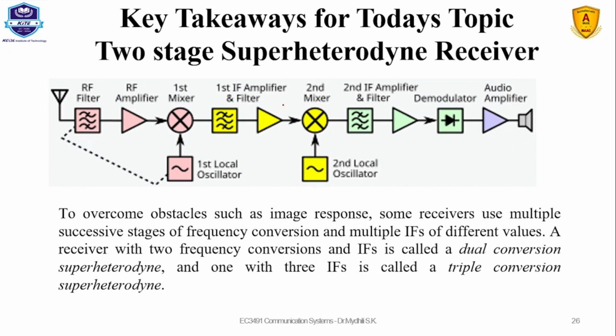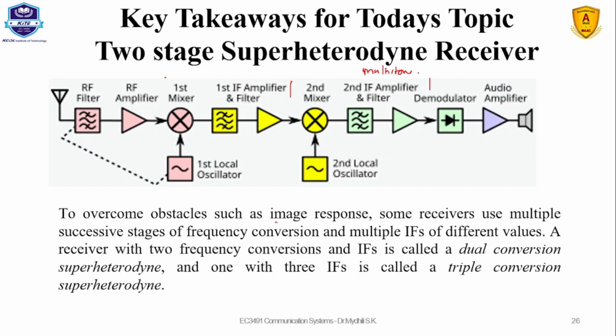This can also be taken as multi-tone receiver signals. One stage, from this mixer to this amplifier, can be repeated, so two stages or n stages can be involved to overcome obstacles and avoid the image frequencies that happen in the single conversion process.